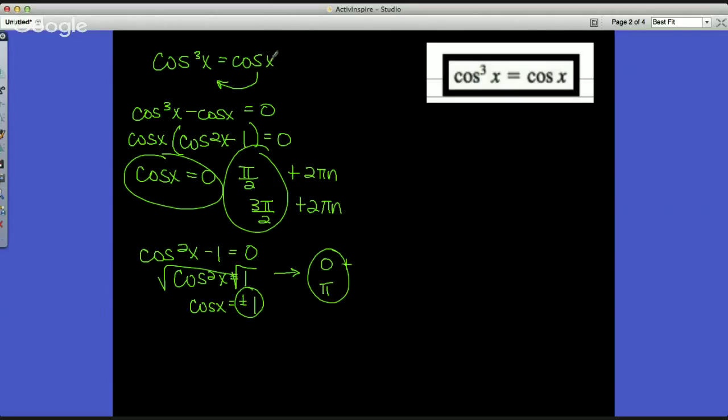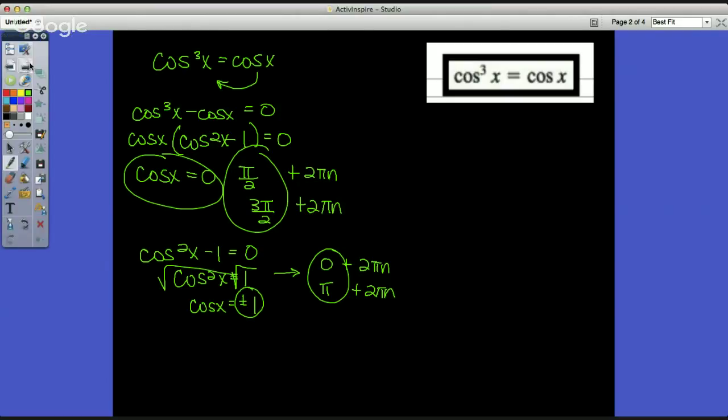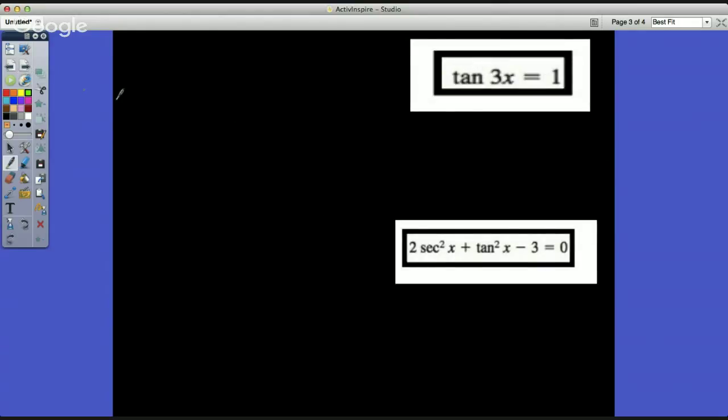The period would be 2 pi over b, because the b is 1. It would just simply be 2 pi, and we just add 2 pi into it, okay? If this was one that said only 2 intervals, or if it's at the interval of 0 to 2 pi, we wouldn't have to use this, but I forget which ones I said on there were and were not. So we'll just say that it is for right now.